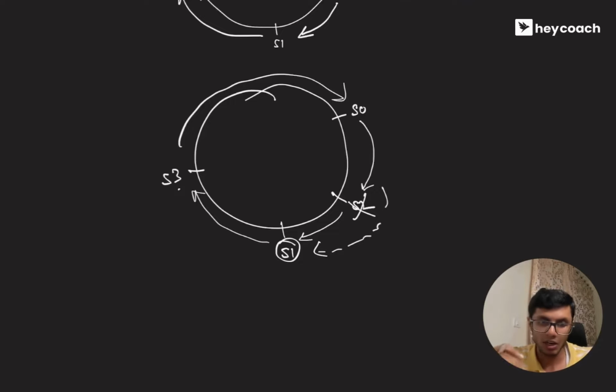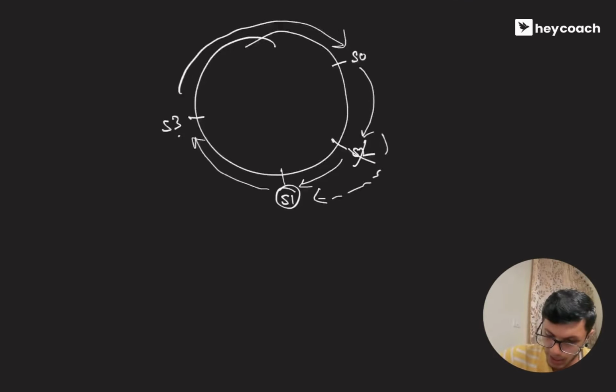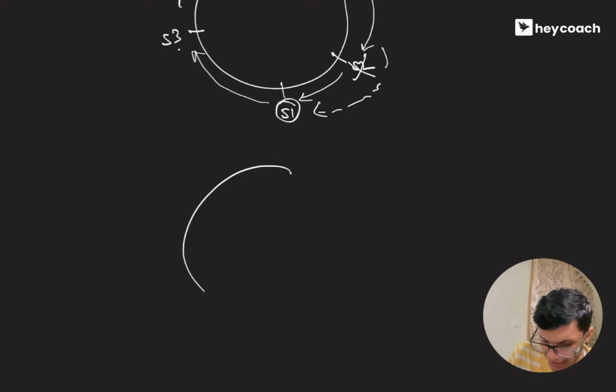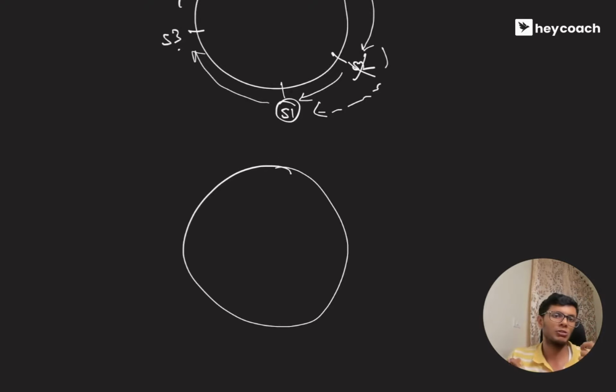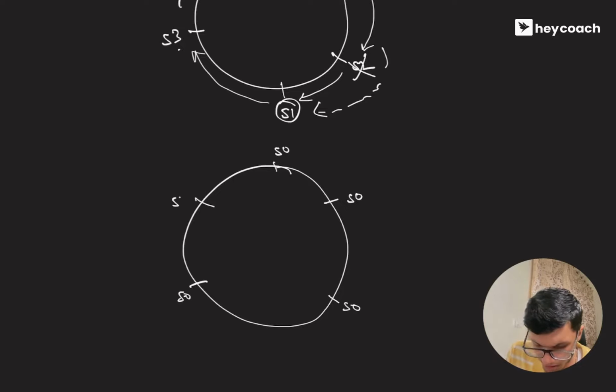Okay, so now what we can do is, since everything is a virtual ring, like virtual points, right? Instead of giving one point in this ring to a given server, we can give multiple points. Now let's say we have S0, I have given S0 to here, here. Let's say I've given just 5 points.